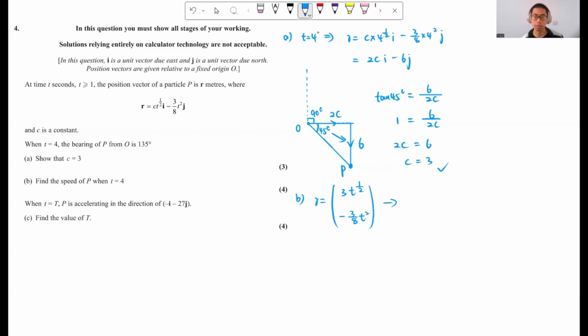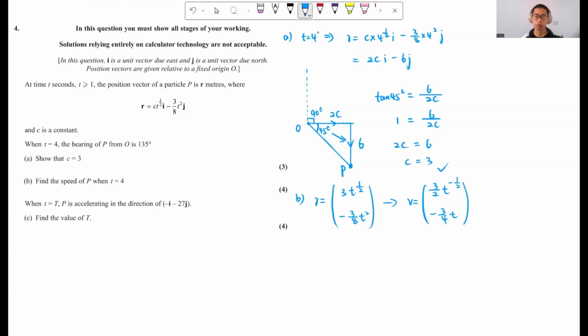If we differentiate the position vector, we get the velocity vector. Bring down the power, 3 times half is 3/2, and half minus 1 is -1/2. For -3/8, bring down the power times 2, -3/4, and then 2 minus 1 is just 1. So that would be the velocity vector.